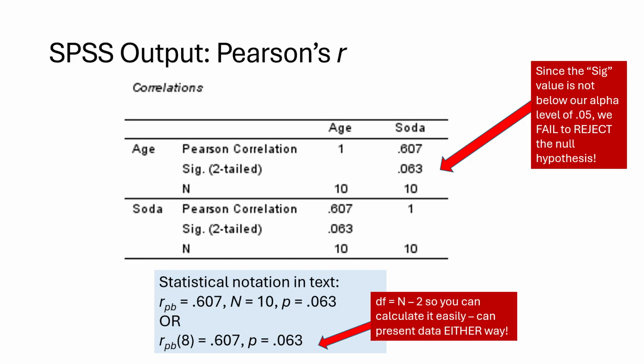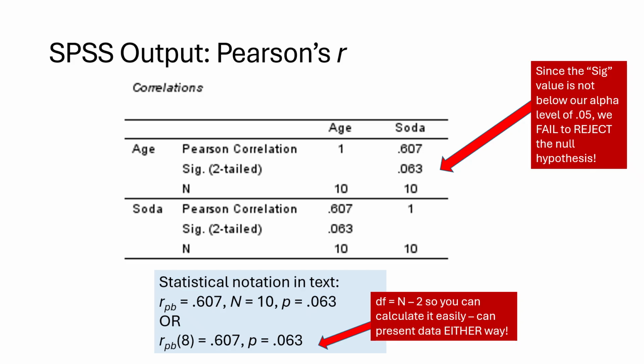Now, how do you write that up within a sentence? If you're going to report it in a paper or in a homework assignment, the statistical notation in text would be as shown in the little blue box below. There's two different ways. You can either report it using the degrees of freedom, which is your sample size minus 2, or you can just report the total sample size. Remember, all statistical symbols are typically italicized, so they are as shown here.